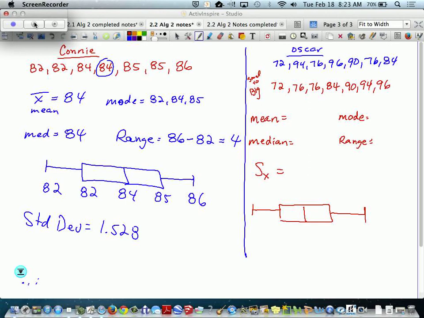So mean, x bar, is what? If these were your test score averages, so what's the mean? Oh, 84. I thought you were saying 34. I'm sorry.